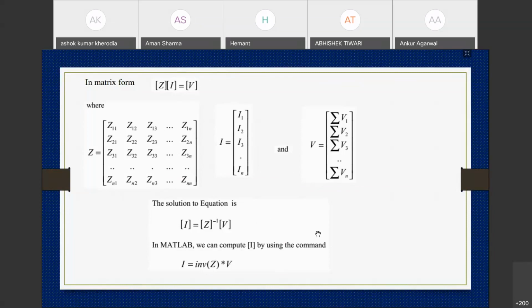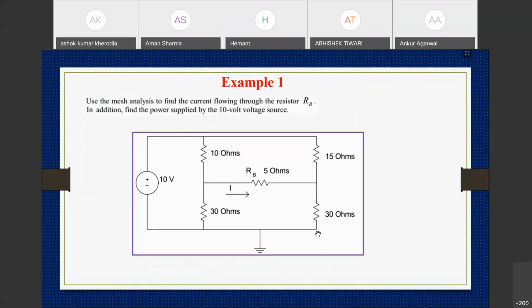Okay, suppose you have this circuit. You have to use loop analysis to find the current flowing through the resistor RB, and also find the power supplied by this 10 volt voltage source.